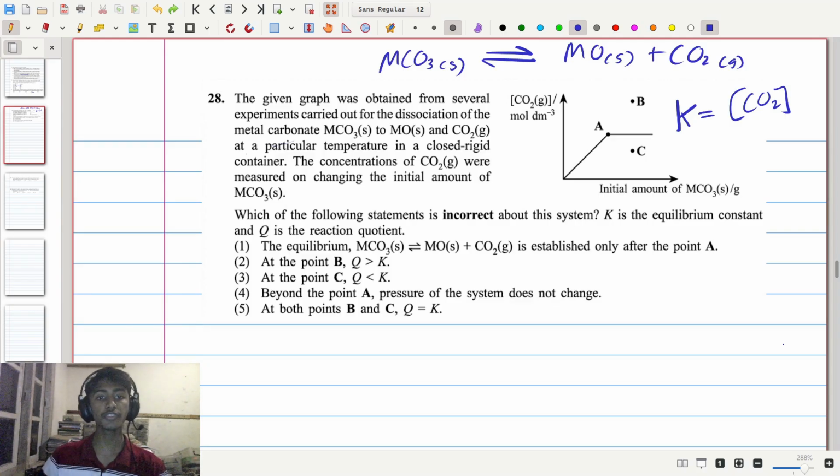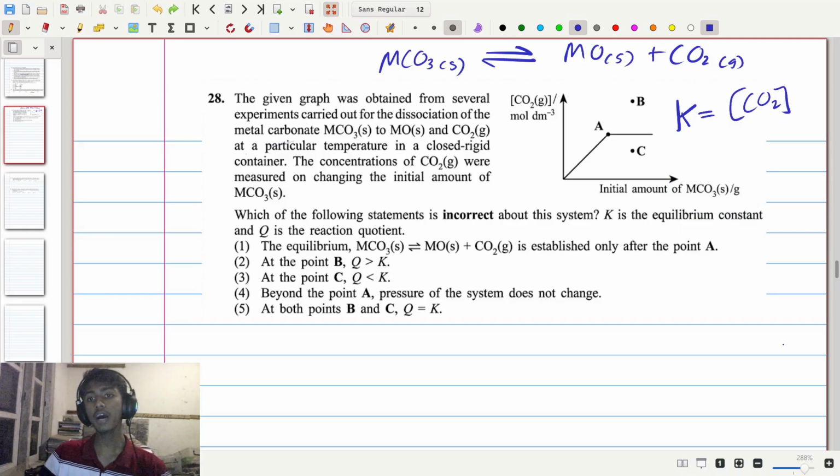Now looking at the answers, we can see the first answer says the equilibrium MCO3 solid to MO solid plus CO2 gas is established only after the point A. Now look at the diagram, you can see for all of these values, as we increase MCO3 concentration, the CO2 concentration did not go above this certain point. According to that, what's happening here is that the MCO3 amount is not sufficient to get the CO2 concentration all the way up to K. So therefore, it stops right here due to this amount being a limiting reagent.